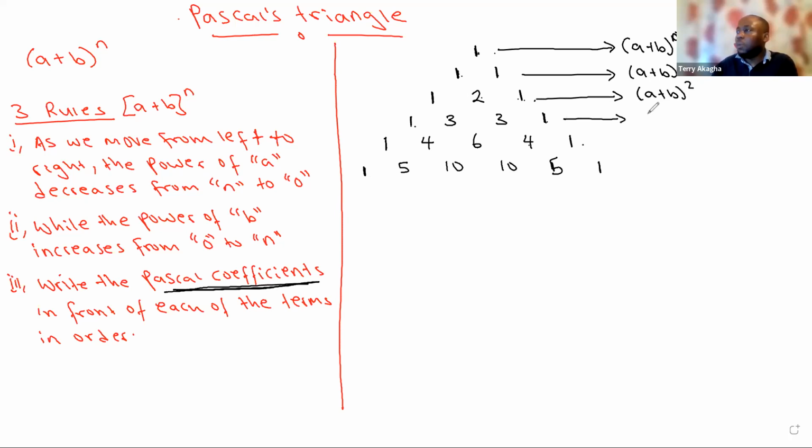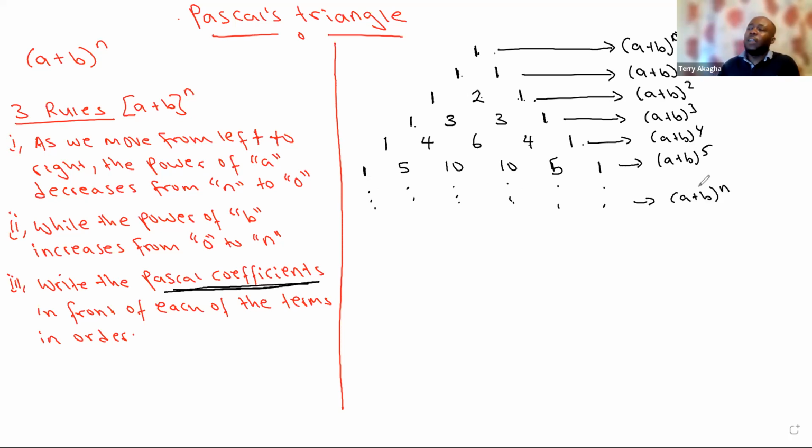This is when it is raised to the power 3, then the power 4, then the power 5. And you can keep doing this till you get to where you want to stop, (a + b) raised to the power n. And this is what we call the Pascal coefficients.